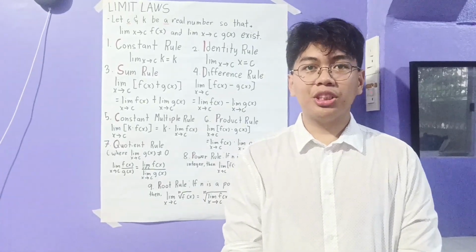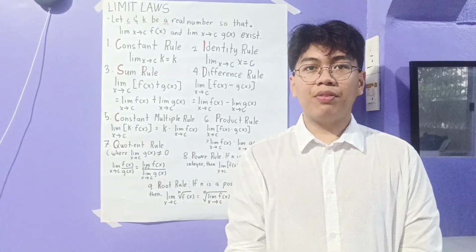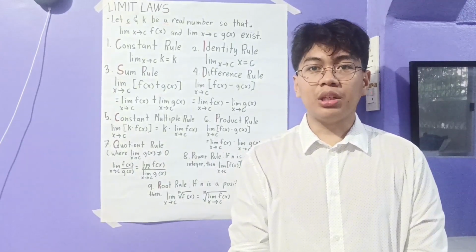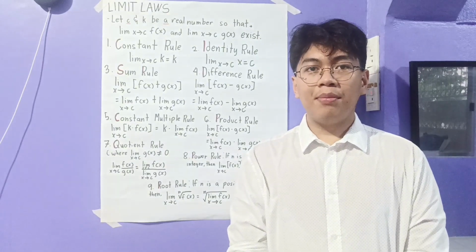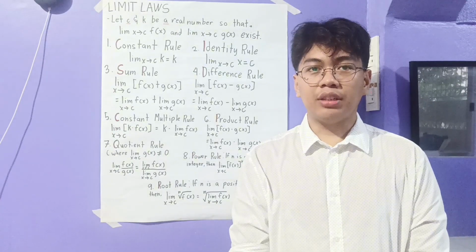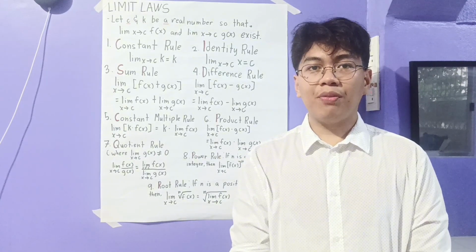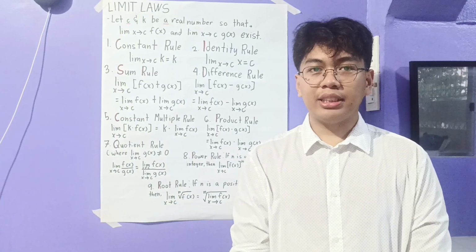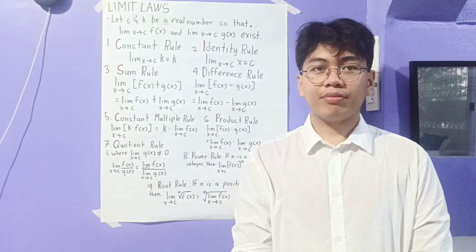Number 7, quotient rule. Where the limit of g as x approaches c will not be equal to 0. The limit of f of x over g of x as x approaches c is equal to the limit of f of x as x approaches c over the limit of g of x as x approaches c.